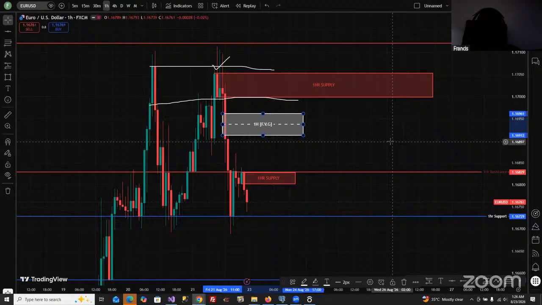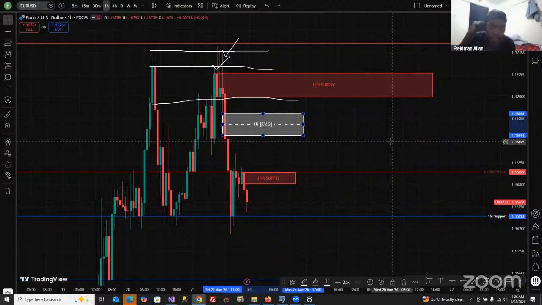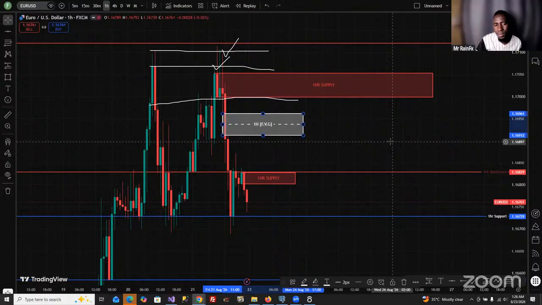This one was a liquidity area, which no one was talking about. Can we say that liquidity has been taken? Yes. This one was liquidity.